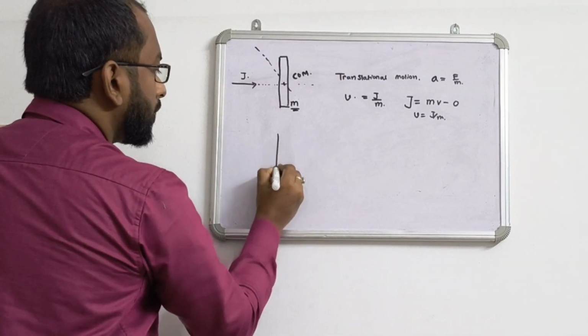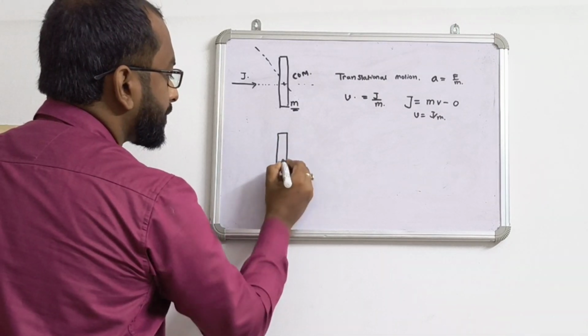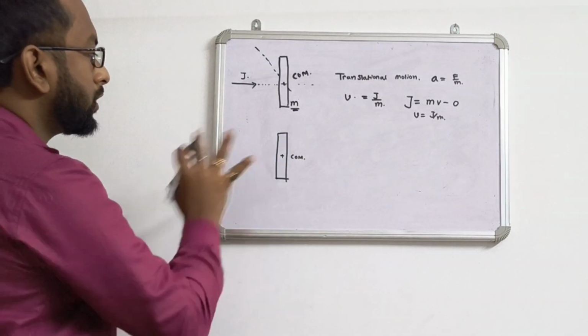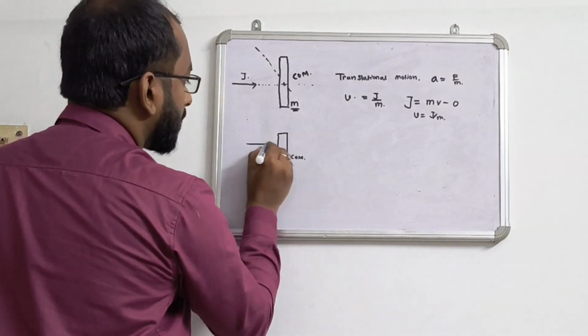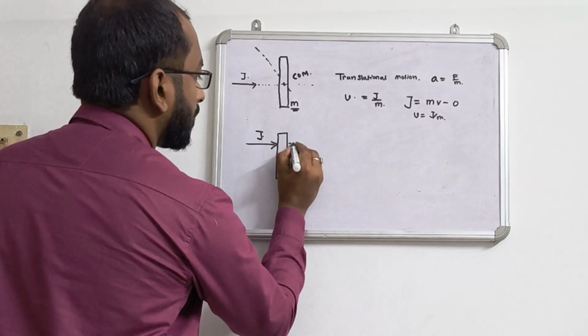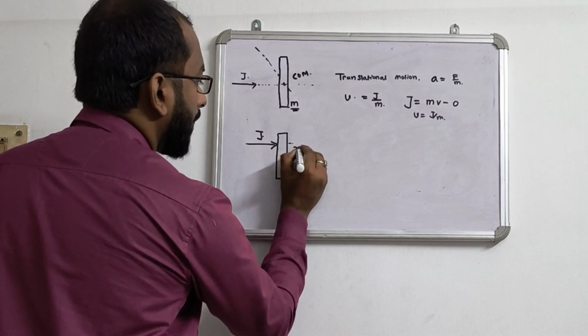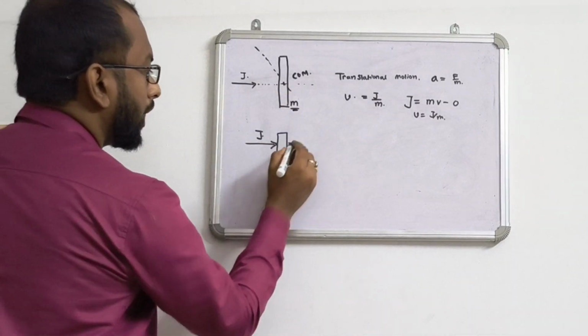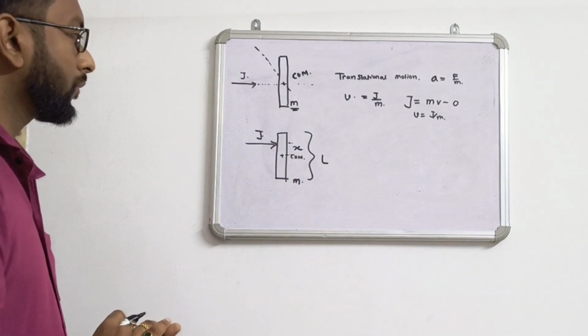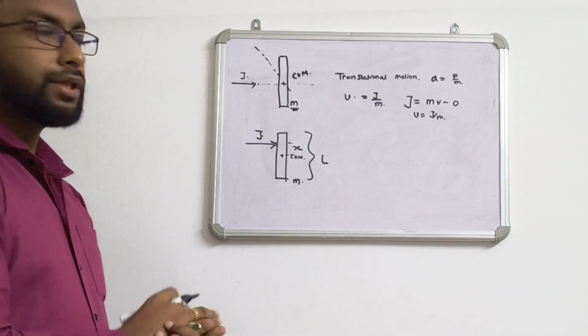Now, if a body is like this and the center of mass is here, suppose I am applying the impulse of j at distance x from the center of mass, and the length of the body is L and the mass is m. So what will happen in this case?